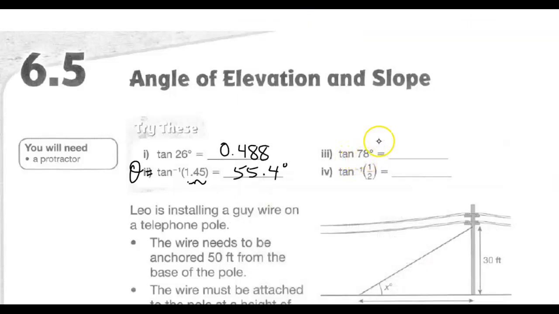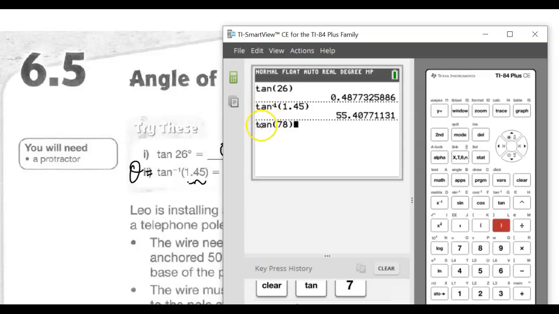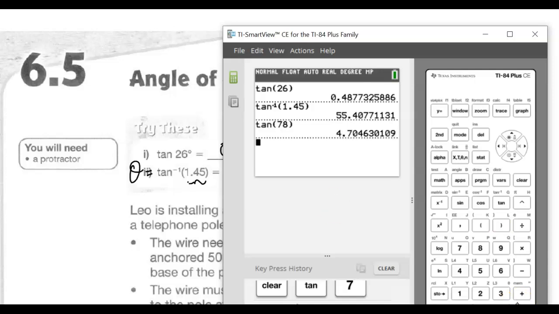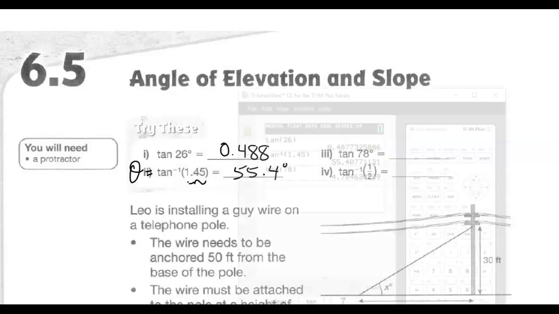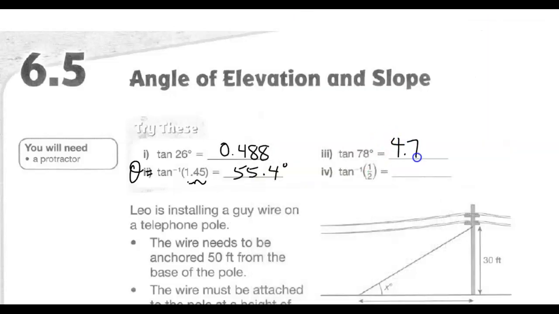Next one on the right, tan of 78. So we're finding the ratio. So tan of 78. Again, if you have an older calculator that doesn't show the ratios, then you put 78 first and then press tan. So that one is 4.704. Let me just check. 4.705 if we go to 3 decimal places.